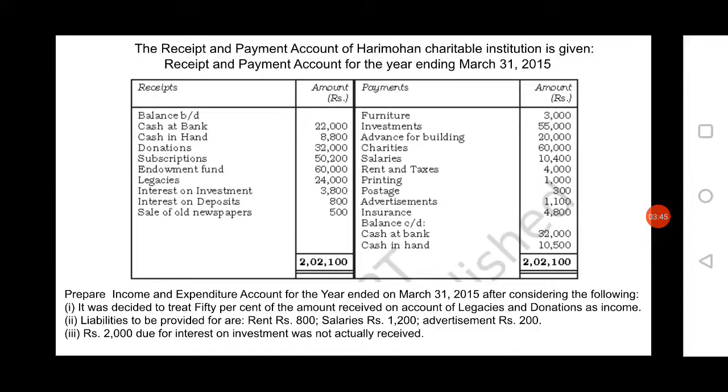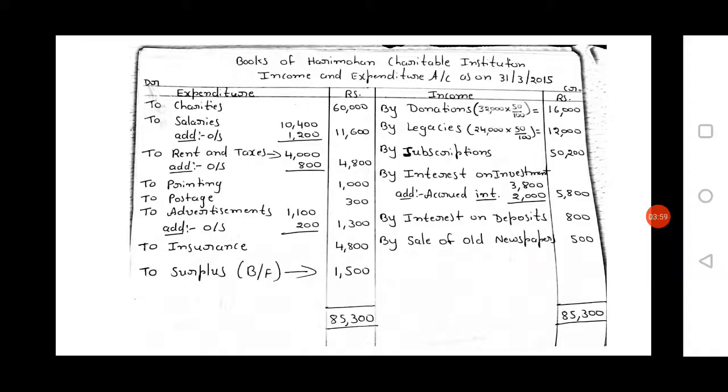The next item is advertisement 1100. There is a related advertisement adjustment. Second adjustment, that is outstanding advertisement of rupees 200. You have to add that outstanding. Therefore on the expenditure side you have to write to advertisement 1100, add outstanding of the current year 200, therefore outer column 1300.